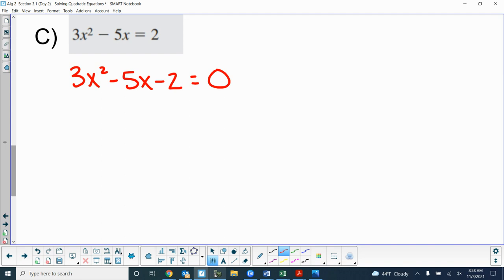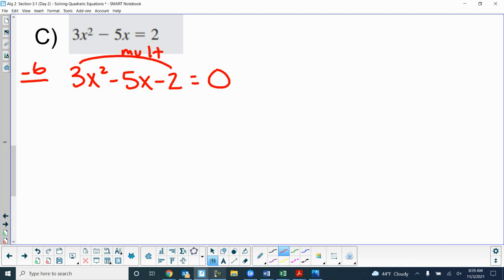So it's not quite as easy as the last two, right? What do I have to do with the 3 and the negative 2? Multiply those, right? So we're multiplying these to get negative 6, and then we're looking for factors of negative 6 that add up to negative 5.